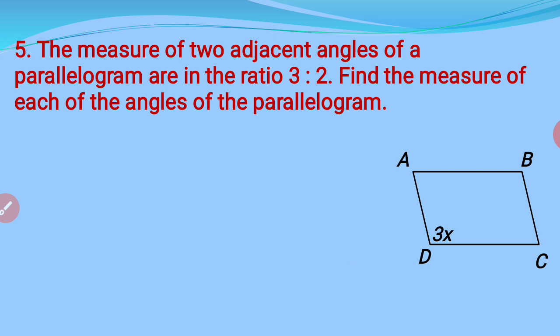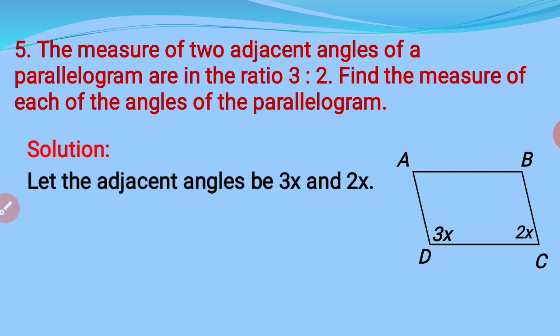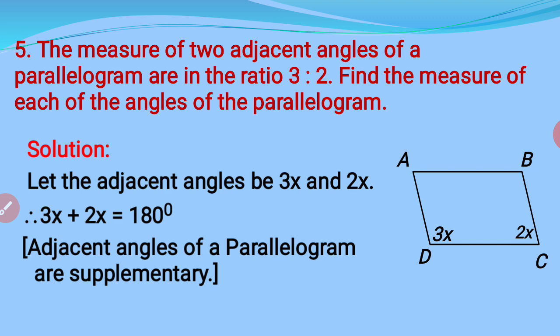As the ratios are given, we are going to consider one multiplier as x and we get the measure of adjacent angles to be 3x and 2x. As per the property, we can say that 3x plus 2x equal to 180 degrees. We have used the property that adjacent angles of a parallelogram are supplementary.